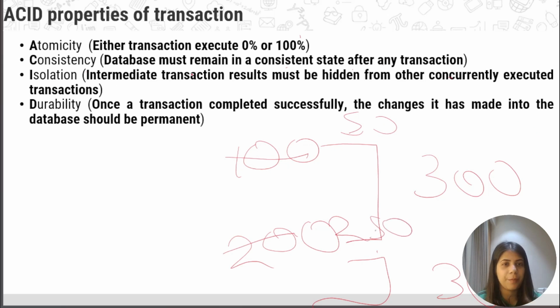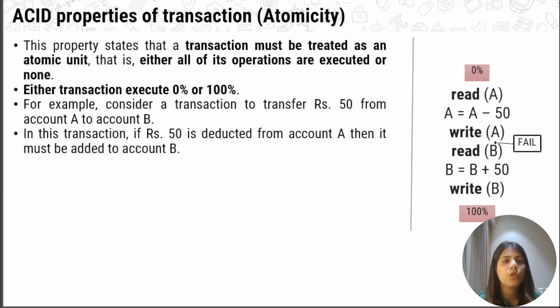That is consistency. Isolation means intermediate transaction results must be hidden from any other concurrently executed transactions. And durability means once a transaction is completed successfully, the changes it has made into the database, that should be permanent.